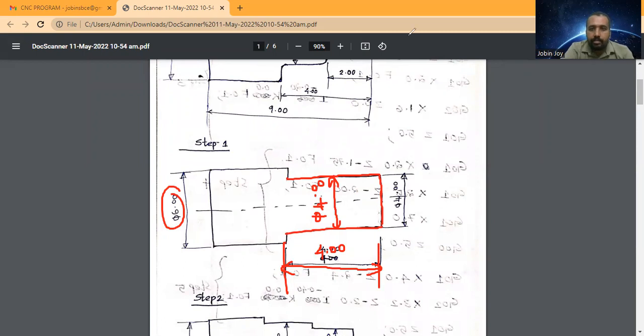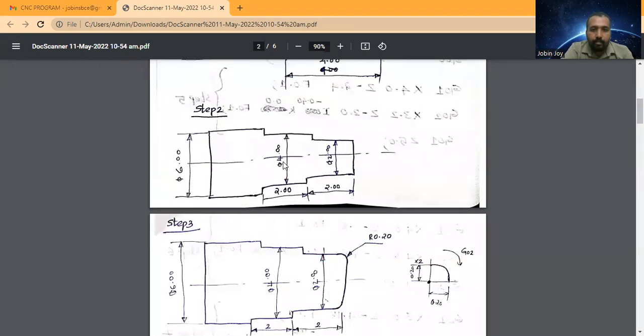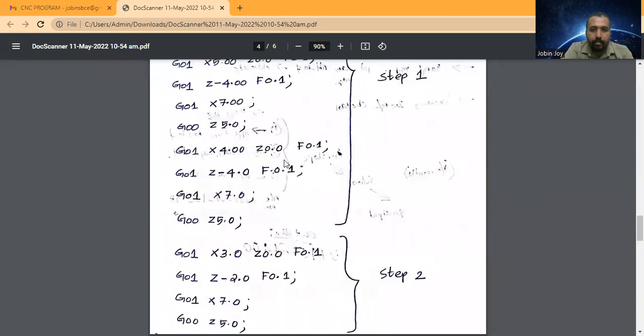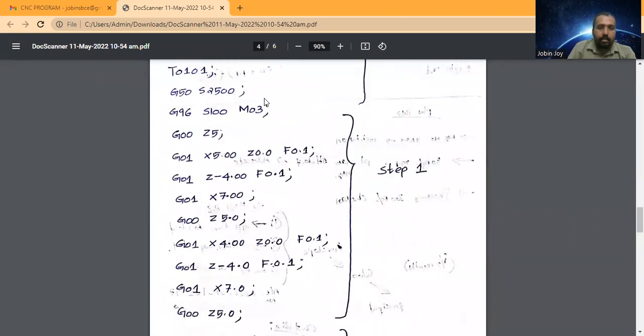So that is the first step. Okay, so this is 6, this is 6, and this is 4, and this distance is 4.